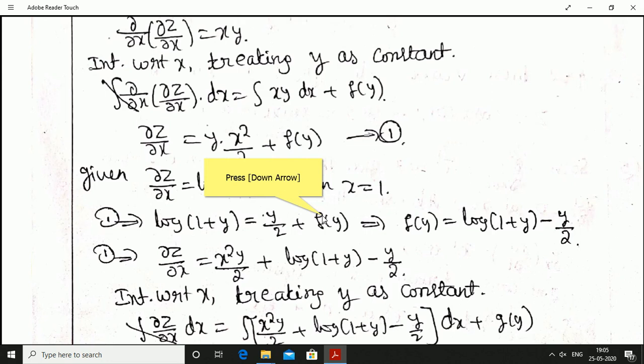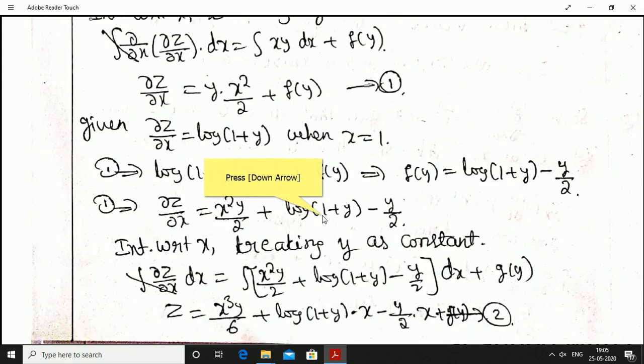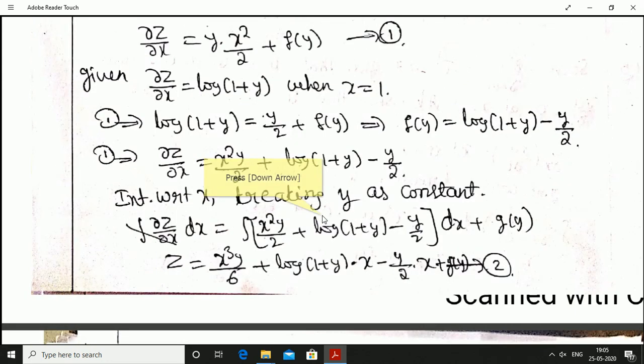Now to remove del by del x, again integrate with respect to x treating y as constant. Integral of del z by del x into dx is equal to integral of x square y by 2 plus logarithm of 1 plus y minus y by 2 into dx plus g of y. Okay, integral differential gets cancelled.